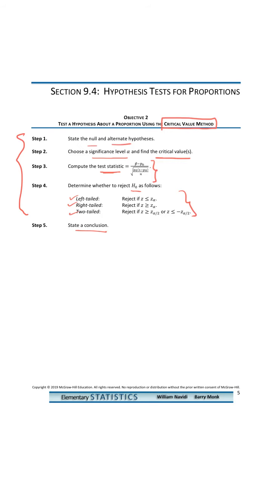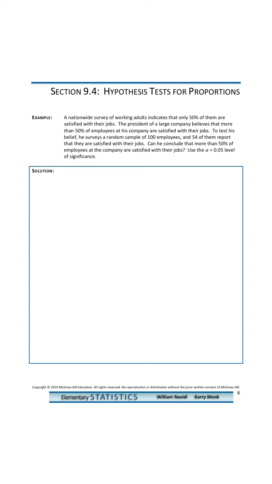So let's look at an example. This is an example of hypothesis test for proportions using the critical value method. A nationwide survey of working adults indicates that only 50% of them are satisfied with their job.